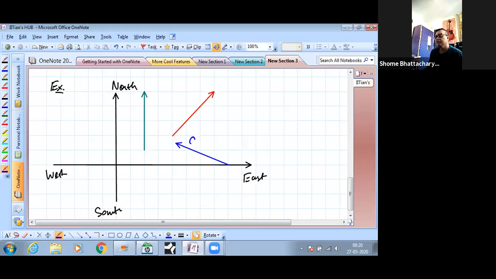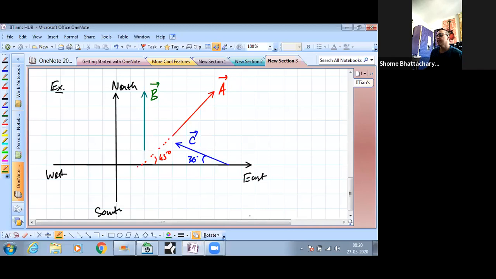Let's say this is the vector C, and this angle here is 30 degrees. This is the vector E. Let's say that it's pointing in such a way that this angle is the perfect 45 degrees. And this is the vector B, let's say.